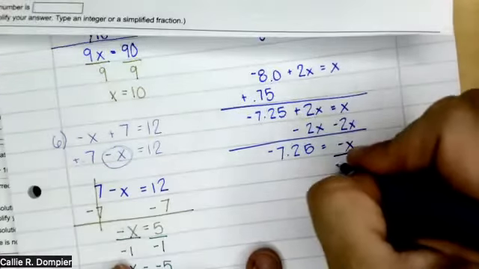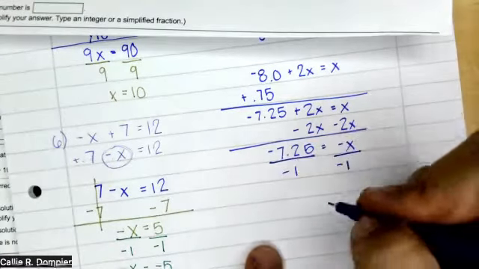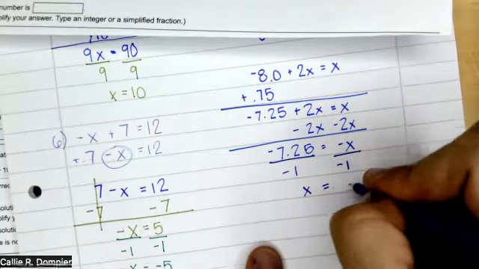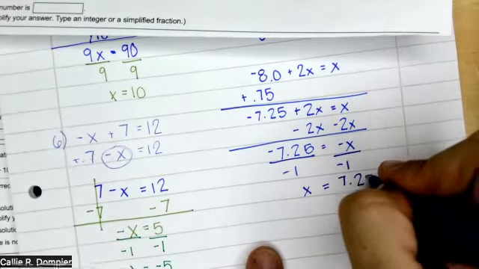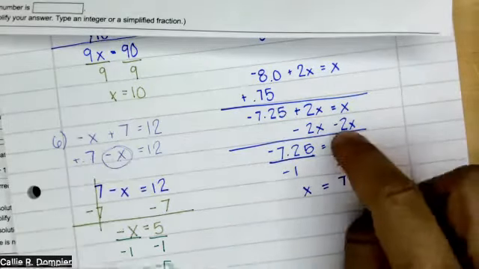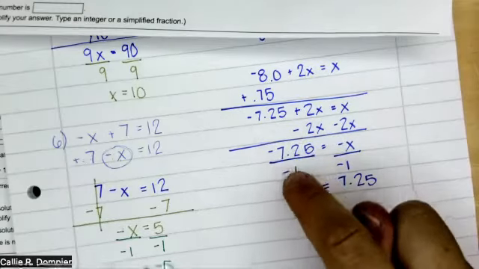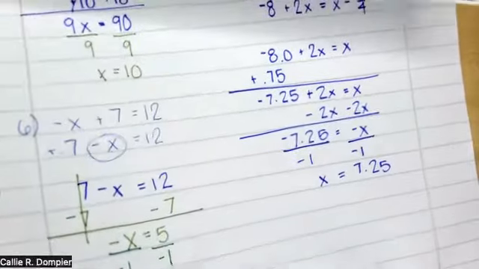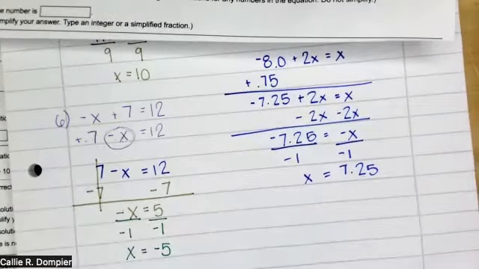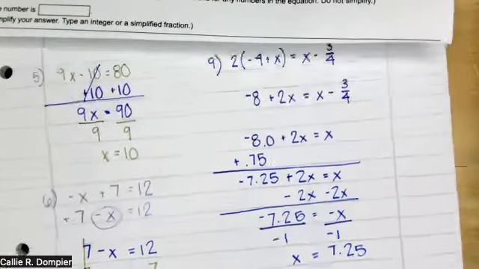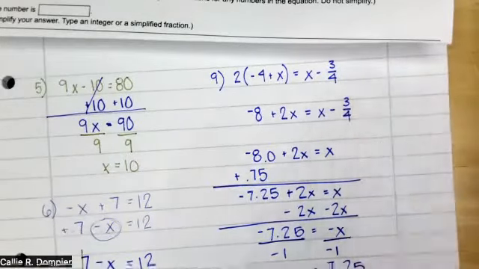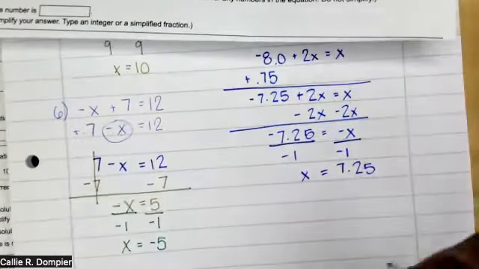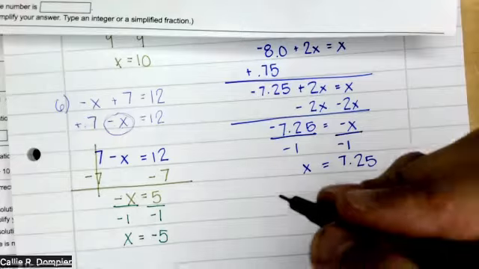If I divide those both by a negative 1, I get x equals 7.25, because a negative divided by a negative is a positive. Do not worry, you will not get something where you have to solve with adding or subtracting a fraction with a whole number.